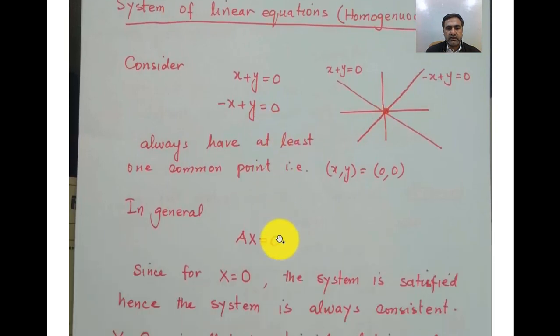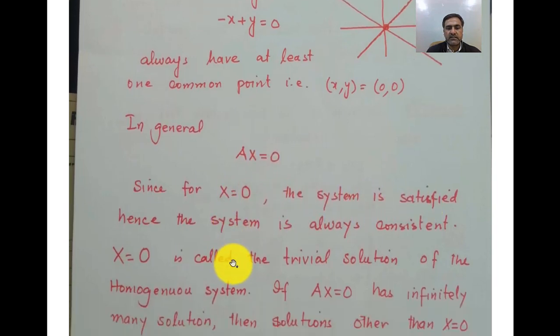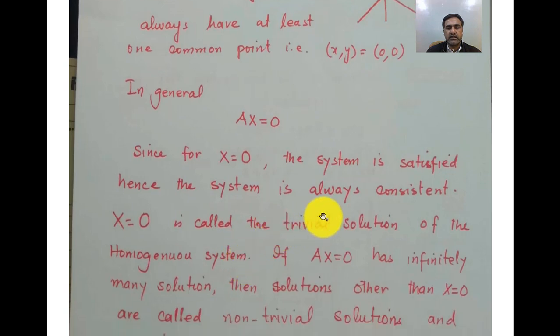So in general, if I have a homogeneous system, x equal to 0, since for the vector x equal to 0, the system is satisfied, hence the system is always consistent. It means that homogeneous systems are always consistent, and the solution x equal to 0 is called the trivial solution of the homogeneous system.